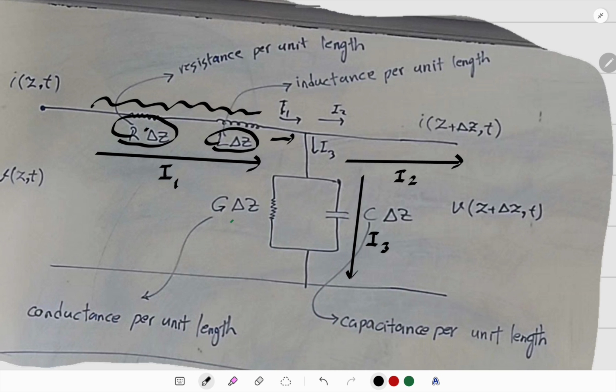At the start, we have this I(z,t), and at the end, we have this particular current over here. What is this? It is I(z plus delta z, t). For the lowest one, we follow this path, and it started with I3.